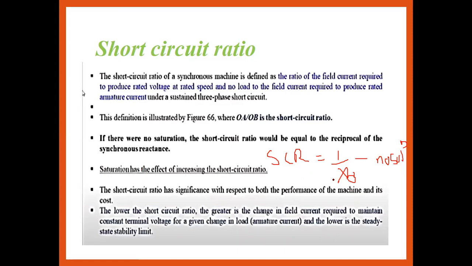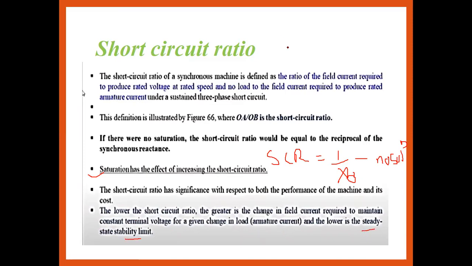So the saturation has the effect of increasing the short circuit ratio. If the saturation is more, the short circuit ratio is again increased. Thus, the short circuit ratio has a significance with respect to both the performance of the machine and its cost. The lower the short circuit ratio, the greater the field current required to maintain constant terminal voltage for the given load, and the lower the steady state stability.